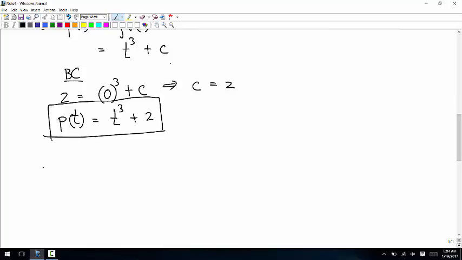Okay, so now part C. Is the object moving in a positive or negative direction?